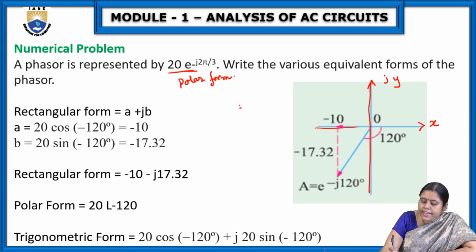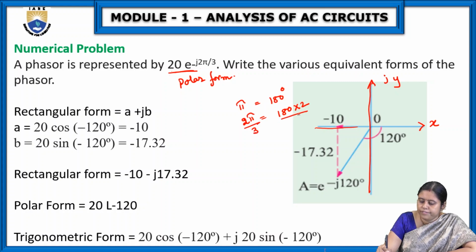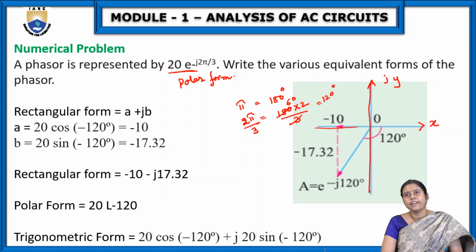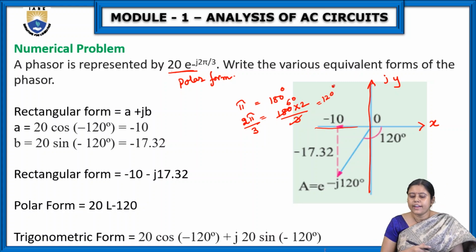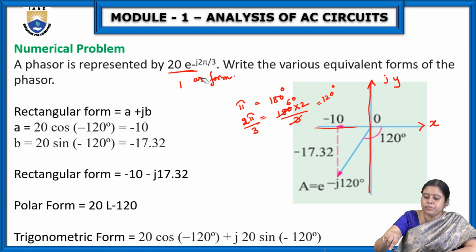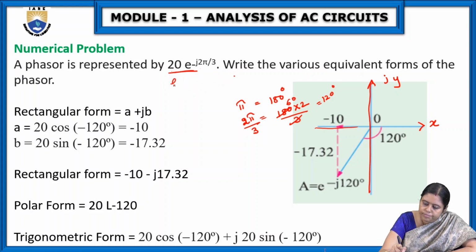If pi is equal to 180 degree, then 2 pi by 3 gives an angle of 120 degree.